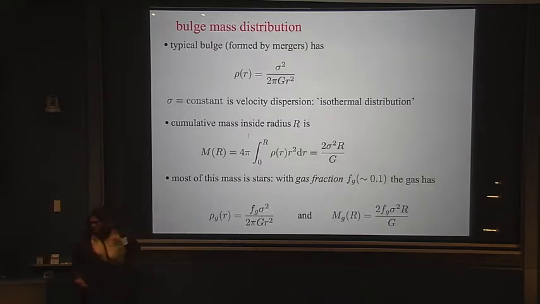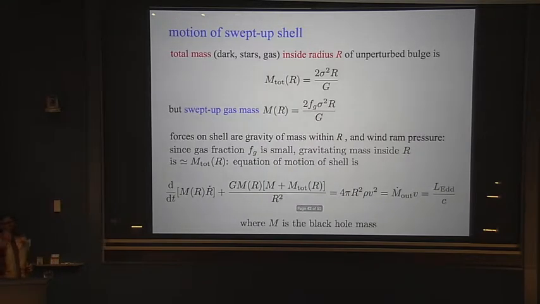Most of this mass is going to be in stars, and let's say a fraction of that mass is in gas. To compute that, we use the cosmic overall gas fraction of about 10% or so. Assuming the gas profile is the same, we can compute the gas mass in that region as a function of r.